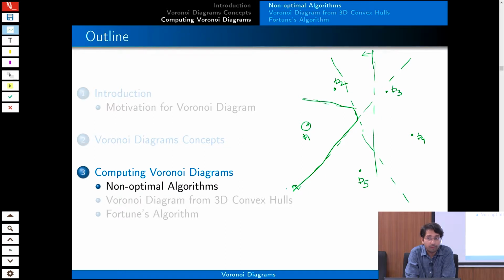You see my point. So, this is the set of all points which are closer to P1 than any of the rest of the points. How to find this set of points? This is nothing but the intersection of n minus 1 half planes.